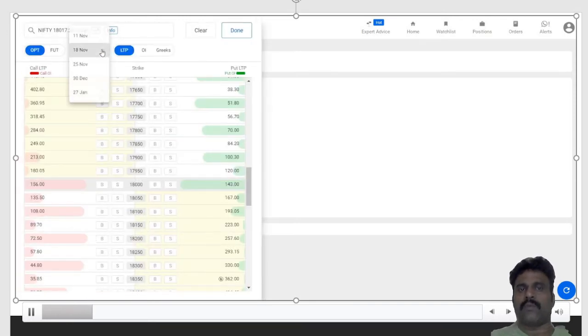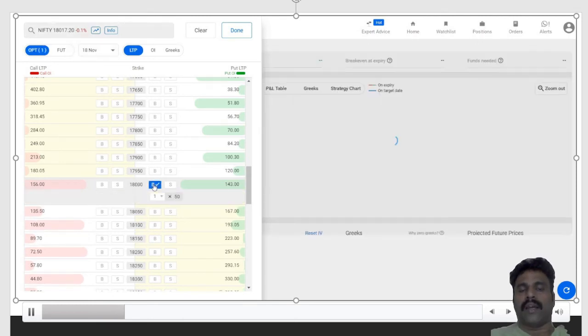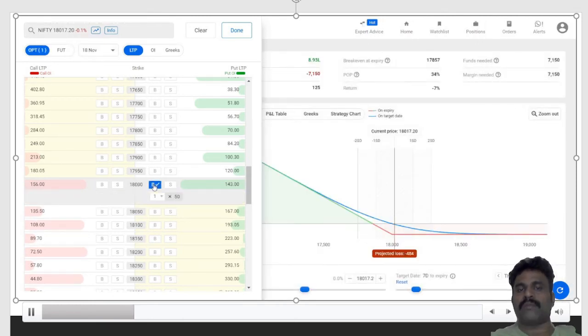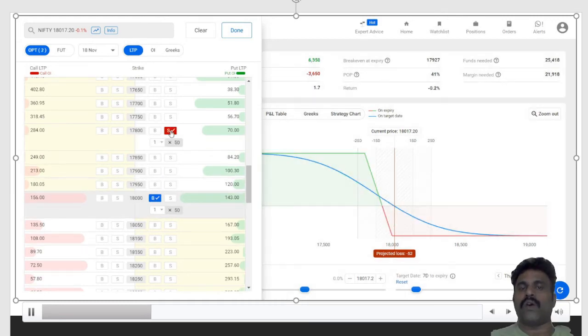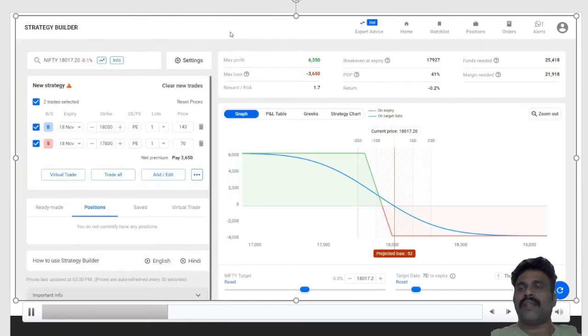Here I am going to select next week's expiry. Then I am going to buy a put option at the ATM strike price, and 200 points below I am selling one put option. For this strategy the funds required are only 25,000 and the maximum profit I can get next week is 6,350.